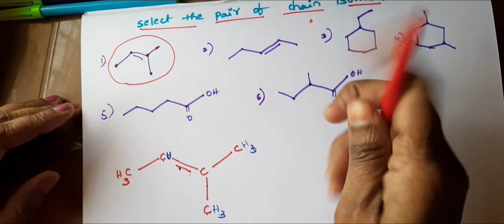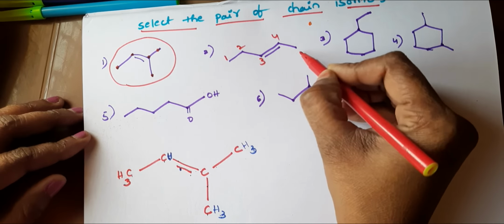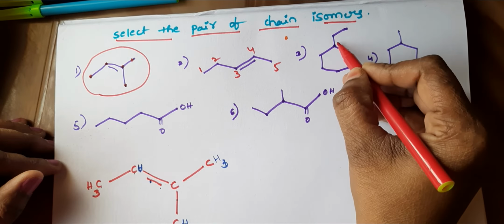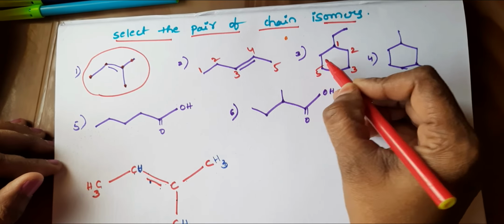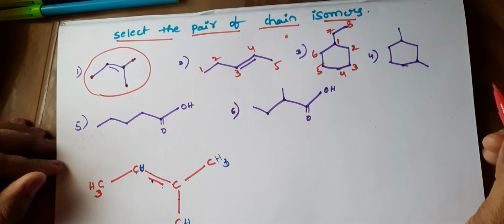Coming to here, let's check the carbons here. I'll write 1 carbon, 2, 3, 4, 5. Okay, the second one has 5 carbons. Coming to here, 1, 2, 3, 4, 5, 6, 7, 8. It has 8 carbons.